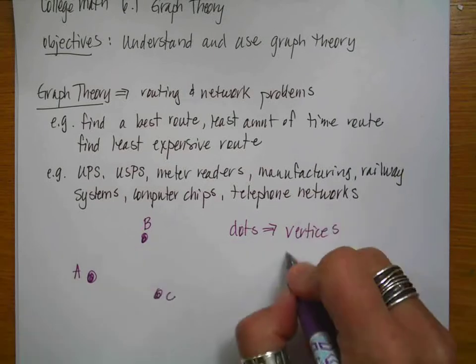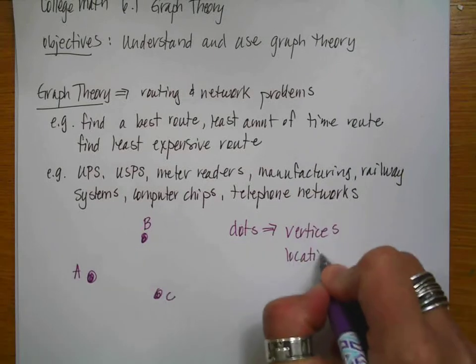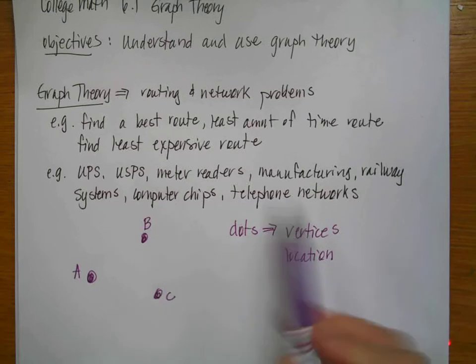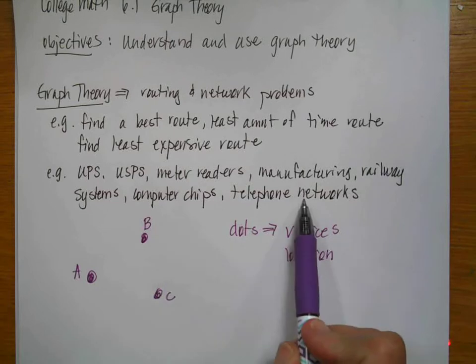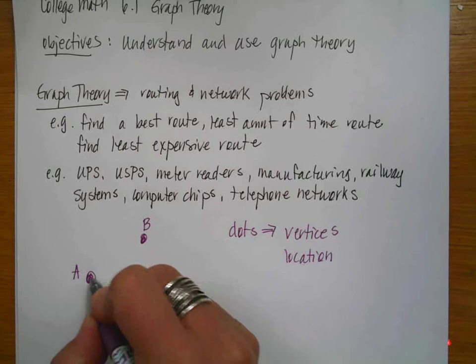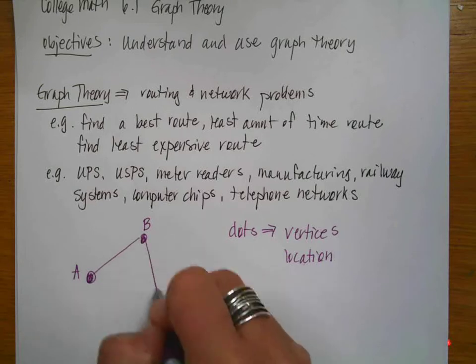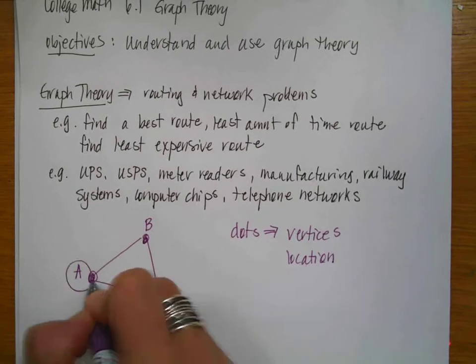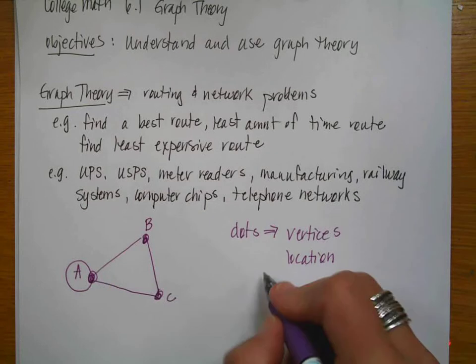The vertices represent a location of something. Maybe it's a location of information. Maybe it's a location of cell phone towers. Maybe it is a location of where train stations are. And so let's say then I have these paths in between, and then maybe this guy has a circular path.